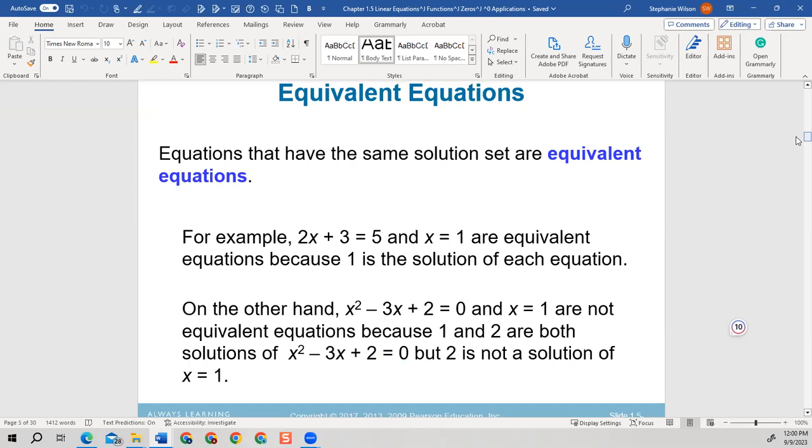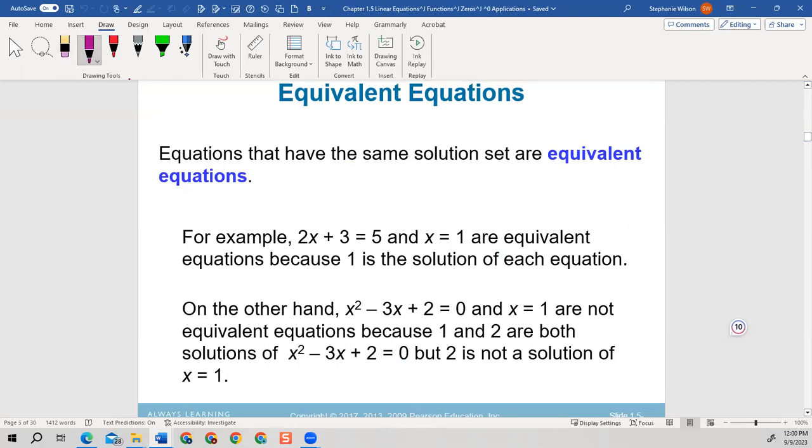So when x equals 1 and we plug it into this equation, we get 2 times 1 plus 3 equals 5. Well, 2 times 1 is 2, plus 3 is 5. So yes, they are equivalent because it does give me a solution of 1 for x.